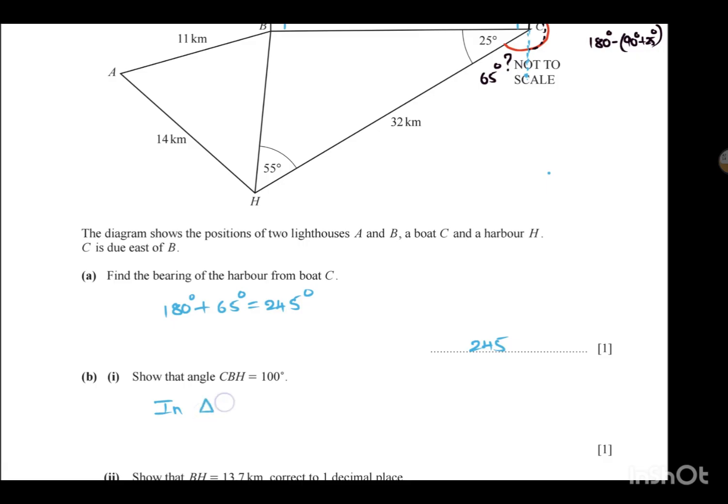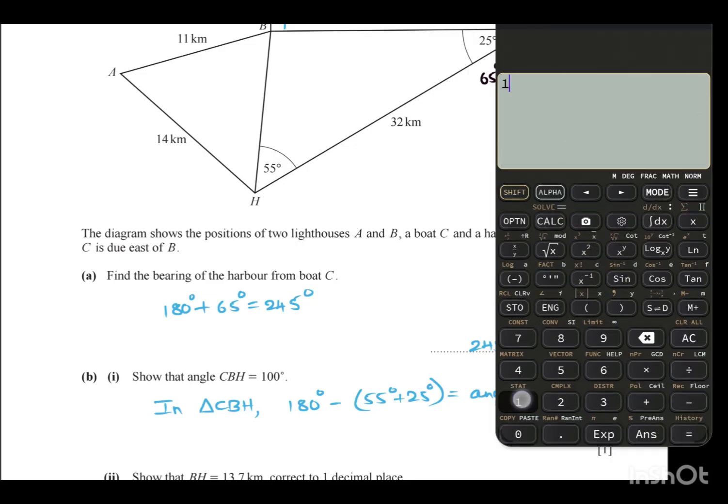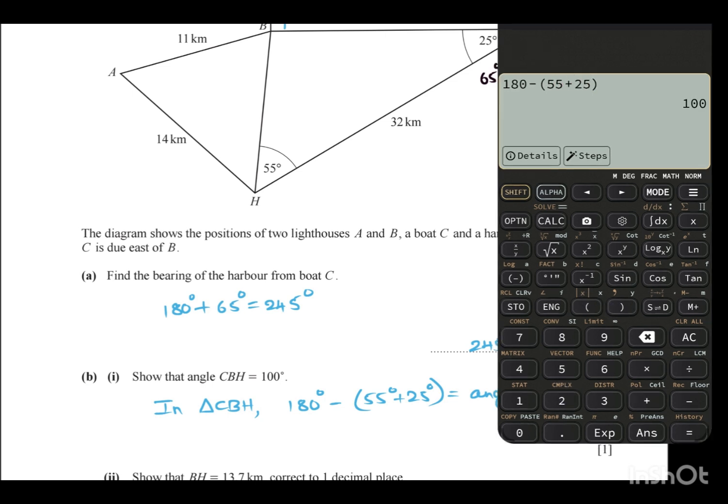In triangle CBH, 180 minus (55 plus 25) is equal to angle HBC. 180 minus 80 is 100.